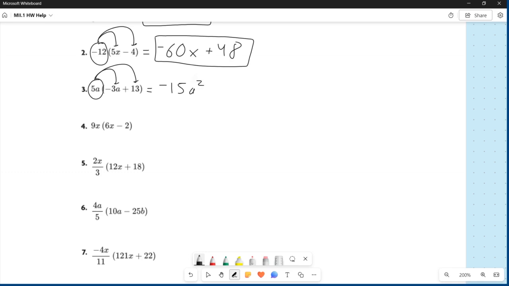It's negative because we have a positive times a negative. The 15 comes from the 5 times the 3, and the a squared is a times a. And then our second term is 5a times 13, which is 65a. So our final answer is negative 15a squared plus 65a.